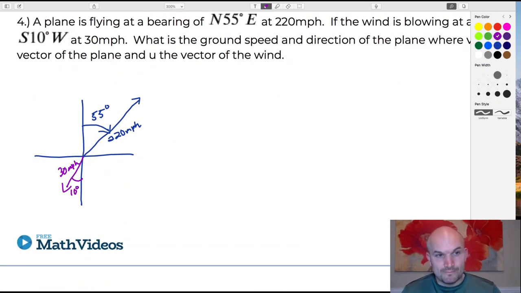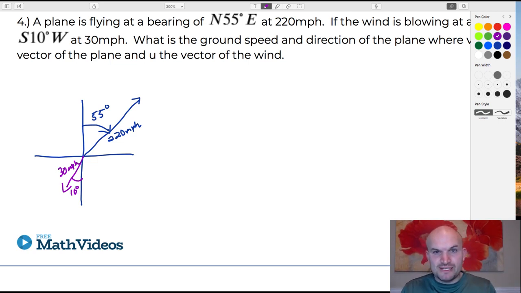Okay, so basically, here's the situation. We have this airplane flying like this, and then you have the wind kind of coming back. So the plane is going into the wind, right? Unless the plane is correcting, like speeding up or changing its course to make sure it's on course, it's going to be shifted over. It's going to be going slower unless it corrects for this wind.